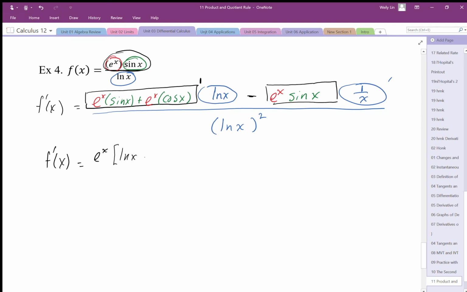So e to the x times log x sine x plus cos x, minus sine x over x, and then all over log x squared. Okay, so there it is.